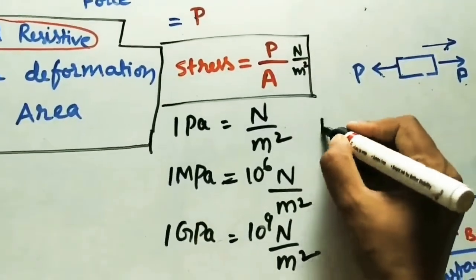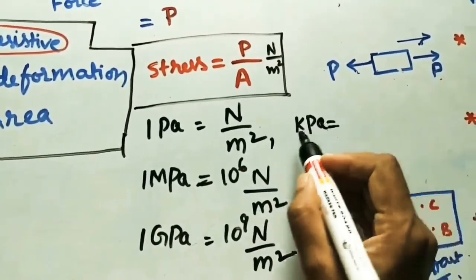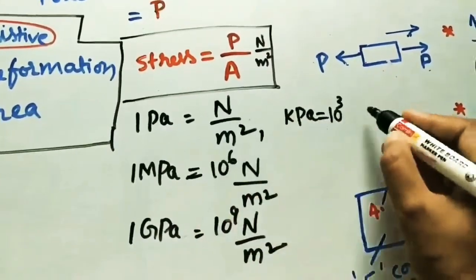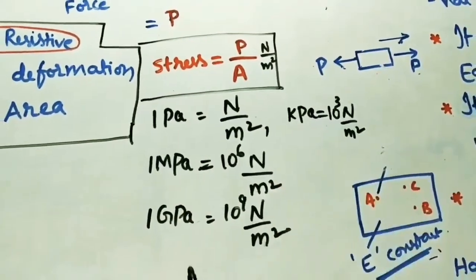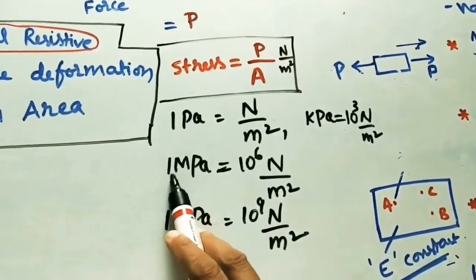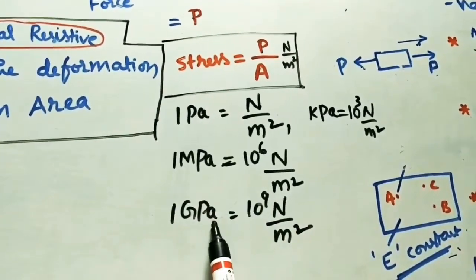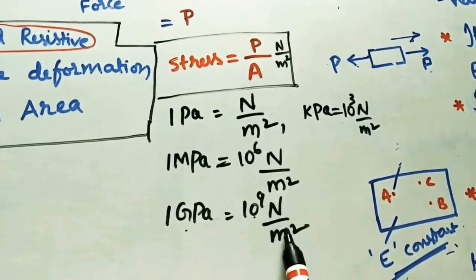Sometimes they give kilopascal; kilo means 10 cube. Sometimes megapascal; mega means 10 power 6. Sometimes gigapascal; giga means 10 power 9. Pascal means Newton per meter square.